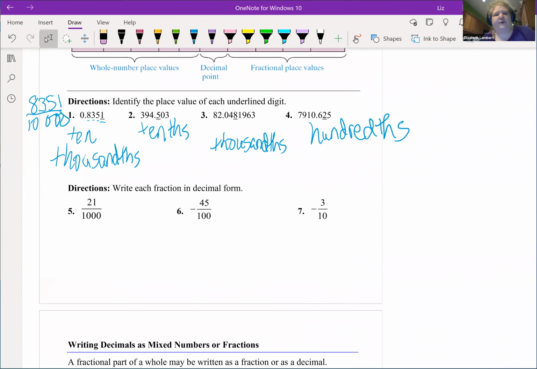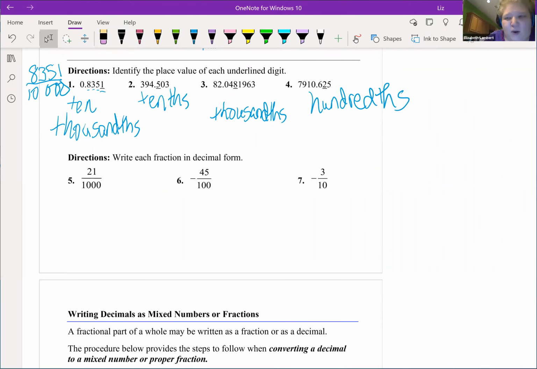All right, so this first one is 21 thousandths. So when I'm going to do these, there's nothing bigger. It's not like 1 and 21 thousandths. So we can put that 0 and then our decimal point. And then I'm going to go tenths, hundredths, thousandths.